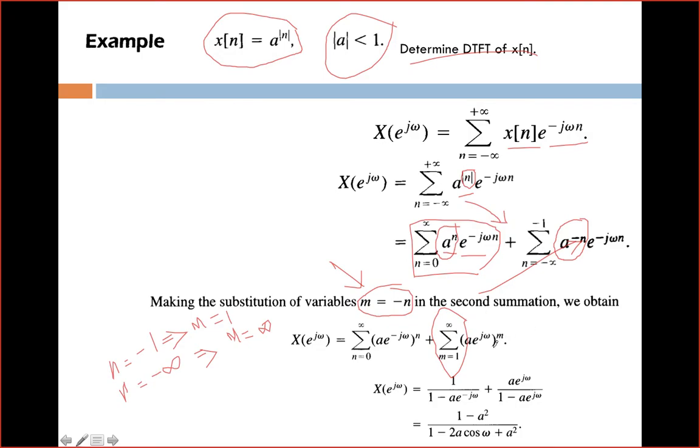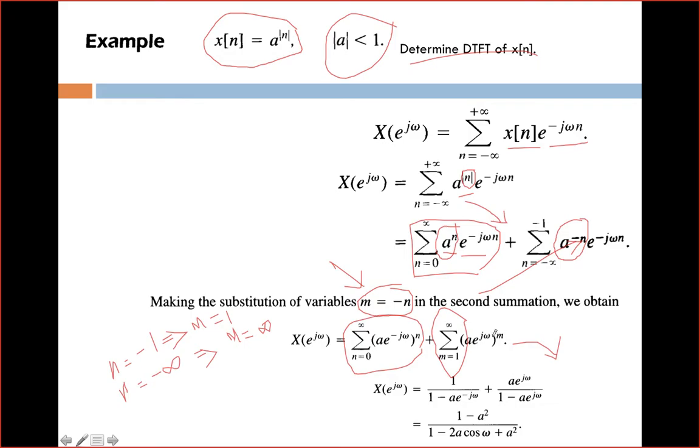Now I have two equations, and I am going to find the solution for them. For the first equation, the solution is 1 divided by 1 minus a into e power minus j omega. For the second equation, I have the series starting from 1 to infinity.